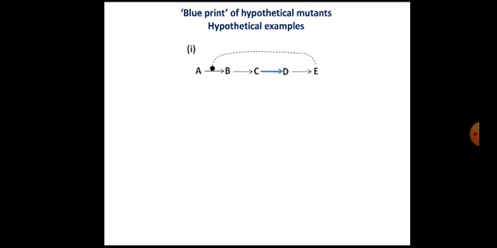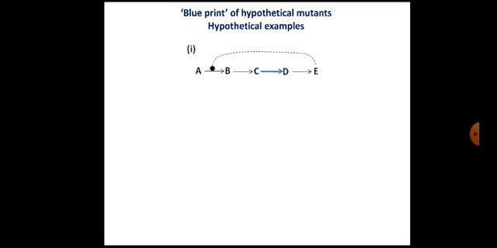Here we can see that the enzyme required for conversion of A to B is indicated by a dark circle, and this enzyme is sensitive to the levels of E. That means if the production of E is in excess, then this E will go and control the first enzyme, which will be called the key enzyme.